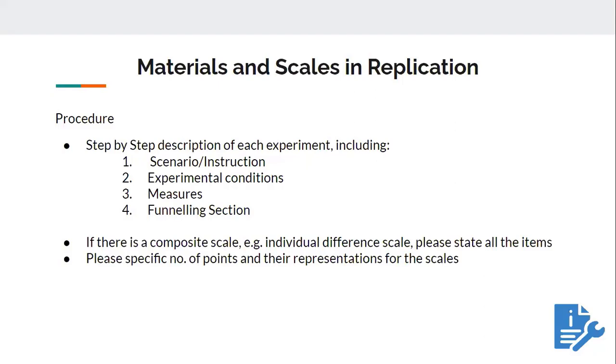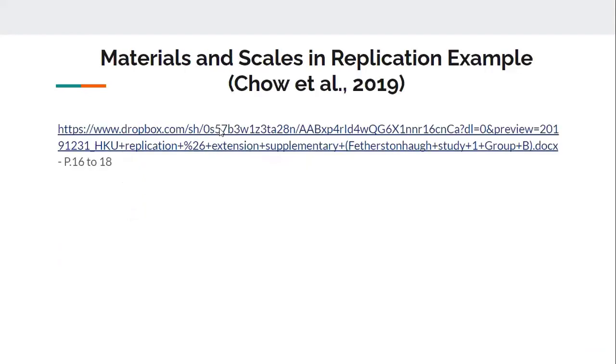What do the lower bound value and upper bound value represent? And this is an example from last year for the materials section. I'll click on the link.